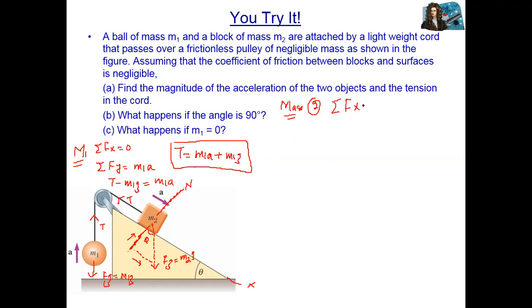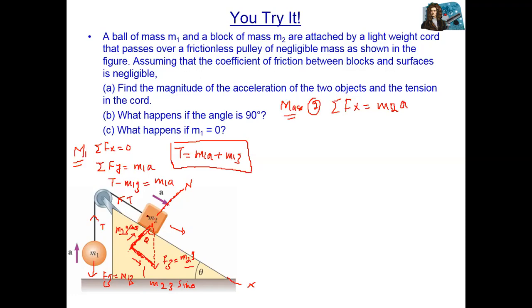Forces along the x-axis equal m2a, because there is acceleration, there is some motion along the x-axis. The forces along the x-axis are tension and this component of gravitational force, m2g sine of theta. This component is the vertical component for the whole body, but for the gravitational force, this one is the horizontal component, m2g cosine theta.